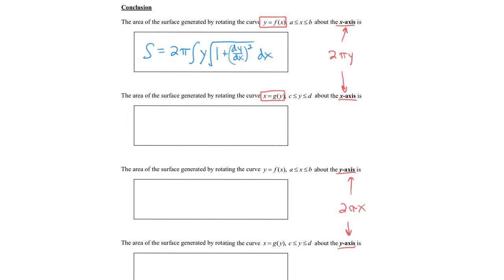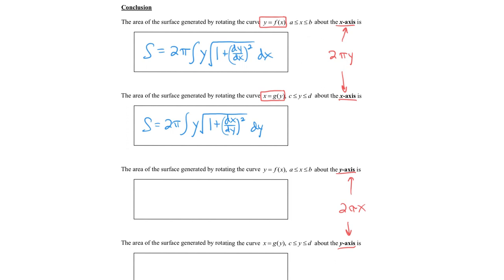So in this case, we'll probably use the other version of ds. So we could say S is equal to 2 pi y, still going to be y because we're spinning about the x-axis. But I'm going to use the other version of ds now because x is a function of y. So I'm going to write the square root of 1 plus (dx/dy) squared, and then that would be a dy.